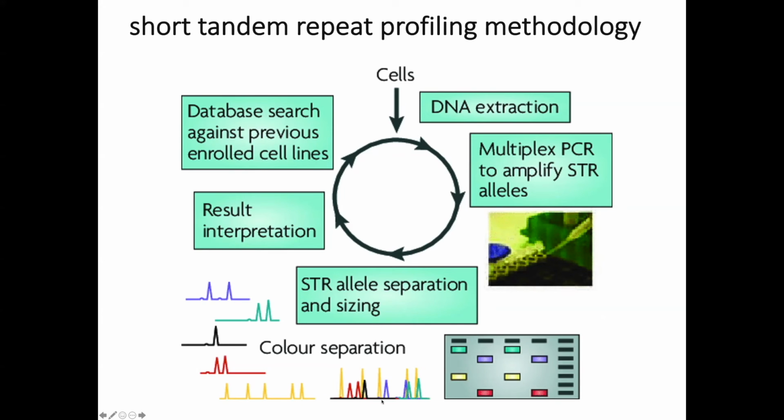After PCR, the amplified DNA can be separated by electrophoresis and then subjected to result analysis and interpretation. So then you will be able to find out what the results are. We learned gel electrophoresis, and we'll also learn PCR, so you will be able to understand the whole process.